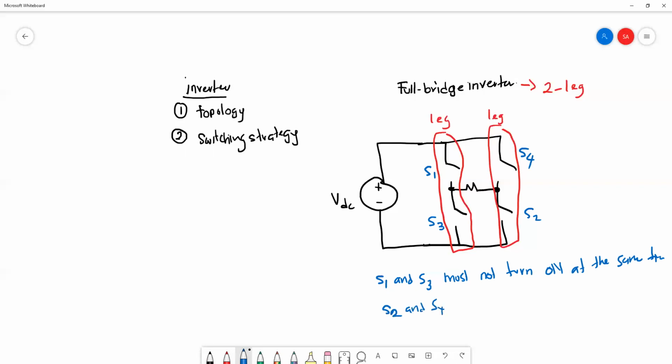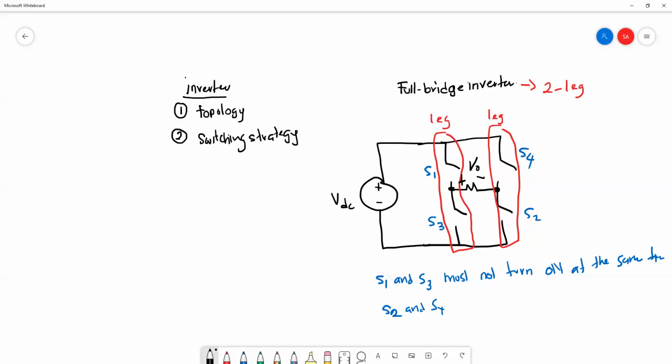We avoid having both switches switched at the same time because if S1 and S3 are switched on together, it will make the circuit short circuit. That is why we avoid switching on both switches in the same leg. This is your V out, positive, negative. So this is the full bridge inverter.